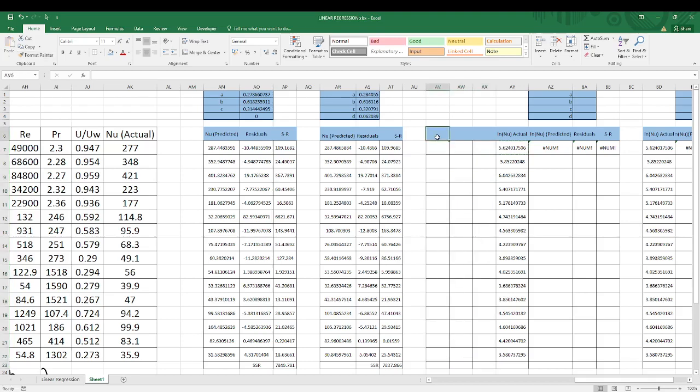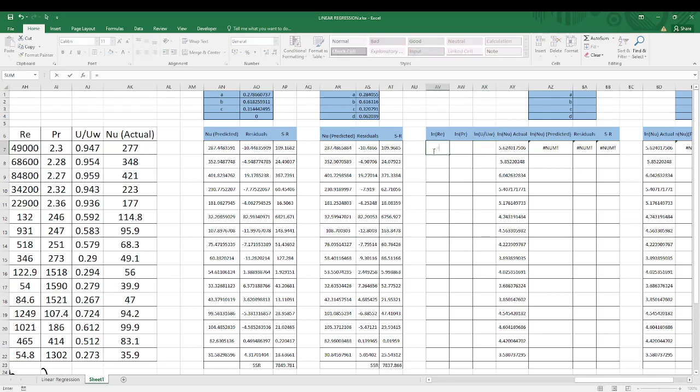So that should be ln of the RE, then ln of TR, then ln of the viscosity ratio.